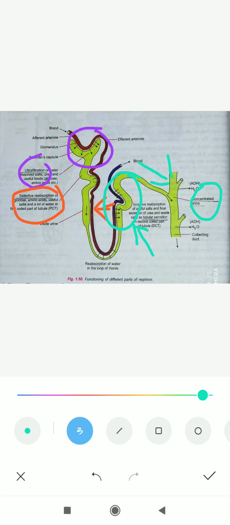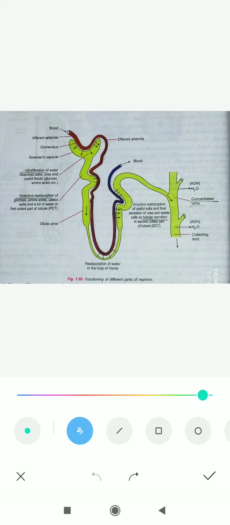So in this way, four important functions are performed by the nephron or filtration unit. First is ultrafiltration or glomerular filtration. Second, selective reabsorption. Third, tubular secretion. And the last one is concentration of urine.